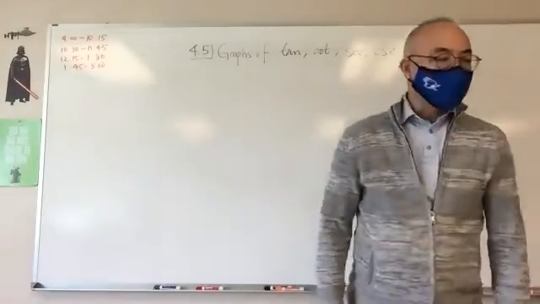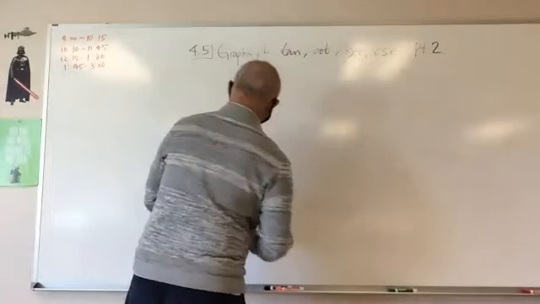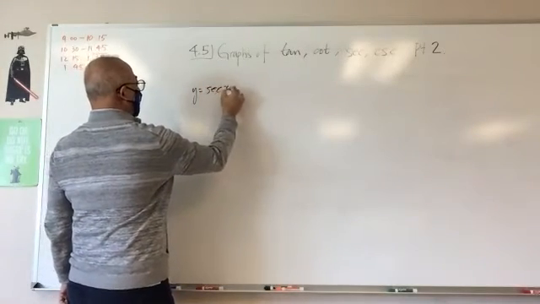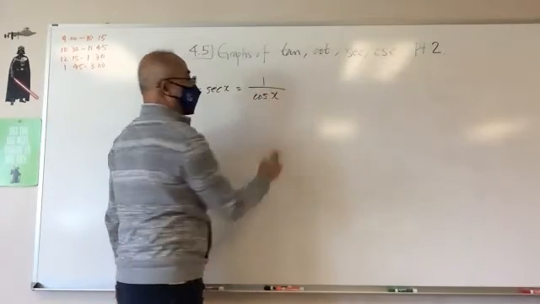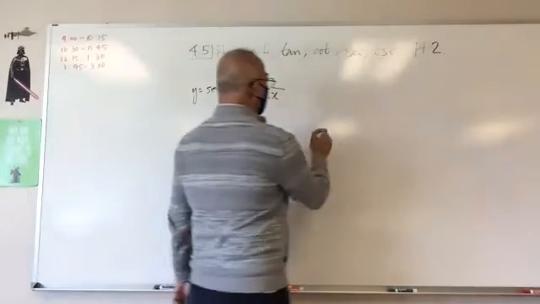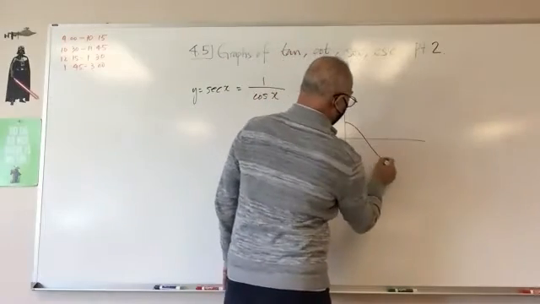All right, so now we're going to talk about the secant function. y is equal to secant x is equal to 1 over cosine x, right? So we're going to start with the cosine function, which is going to look like this.